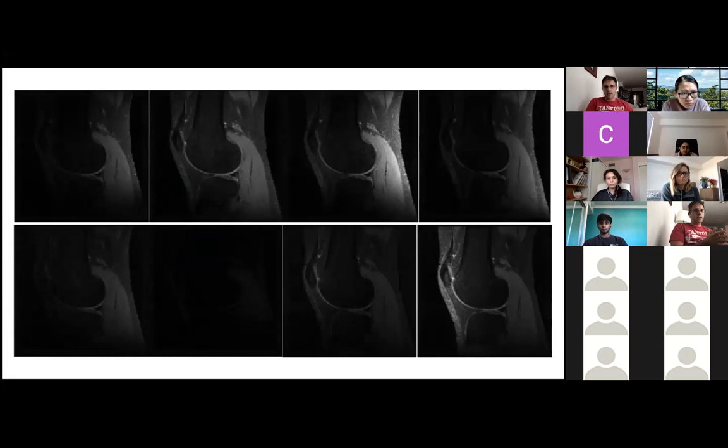You can see this coil, the third from the left on the top, was right at the back of the knee, so it's very sensitive to the tissue at the back of the knee, and it gets darker as it gets farther away. And similarly, the coil at the bottom on the right is right at the kneecap, and so it senses the front of the knee very well, but it gets darker as it gets further away.